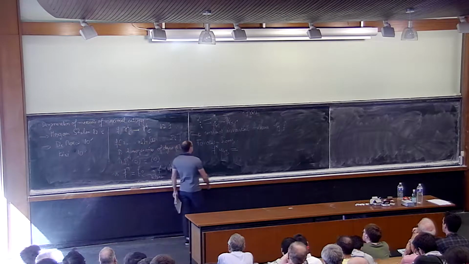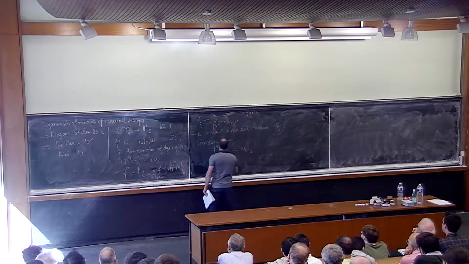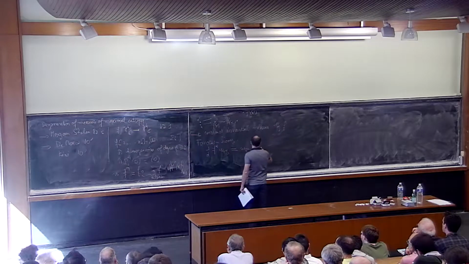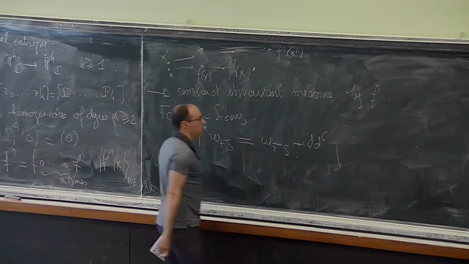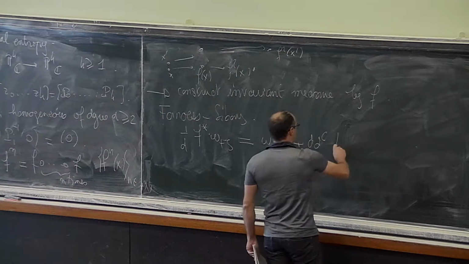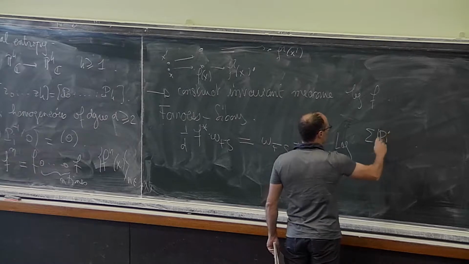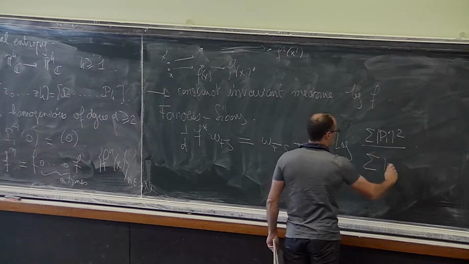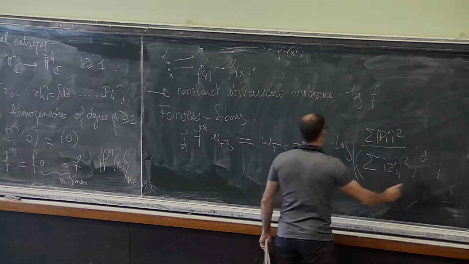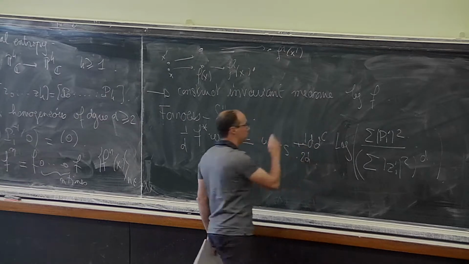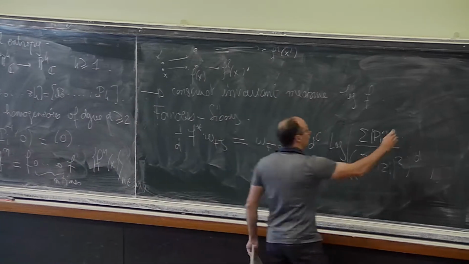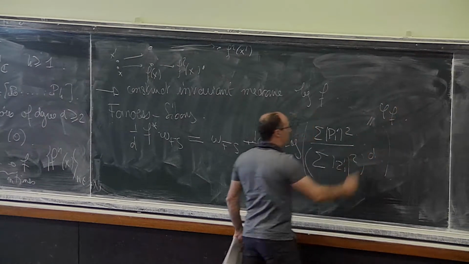Then this is cohomologous to d times this Fubini-Study form, and so it can be written as dω plus dd^c of some smooth function, which can be written completely explicitly as the log of the sum of the squares of the P_i, divided by the sum of the |z_i|^2 to the power d, and maybe there is a 1 over 2d. Okay, so now you can iterate this equation. Let me denote this function by φ_f.